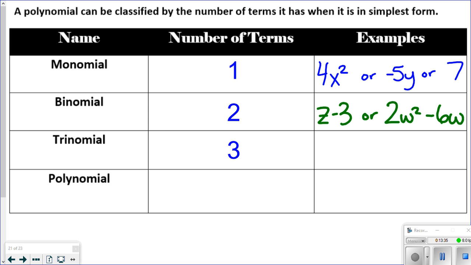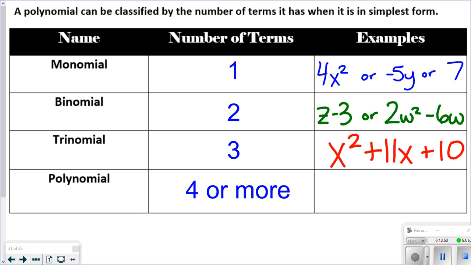Trinomial is 3. So x squared plus 11x plus 10. And notice my variables always match. So if I have w's, or if I have x's, or if I have y's, they're all the same.